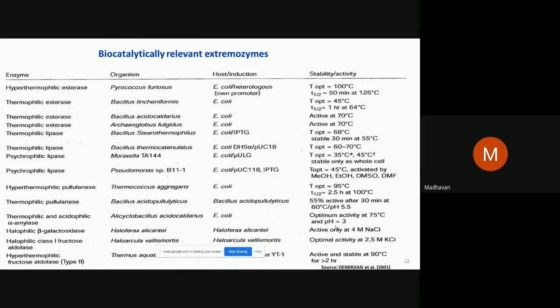Getting an organism active at pH 3 is a lot of advantage. And then there is 4 molar sodium chloride, halophilic type cultures. So we need enzymes like these to compete in the market. There is a need to look into the extremophiles. That is the only point I wanted to highlight in the last 2, 3 slides.